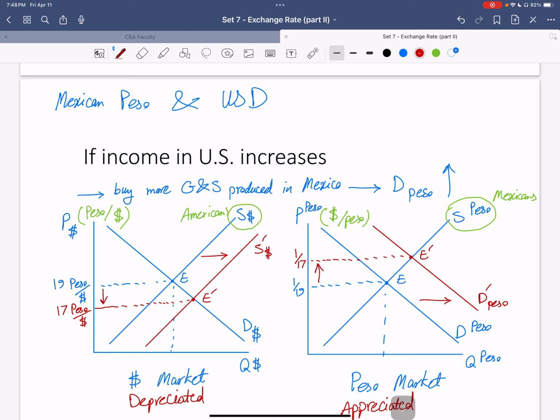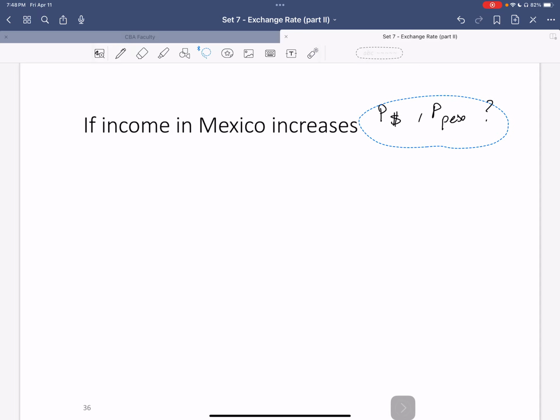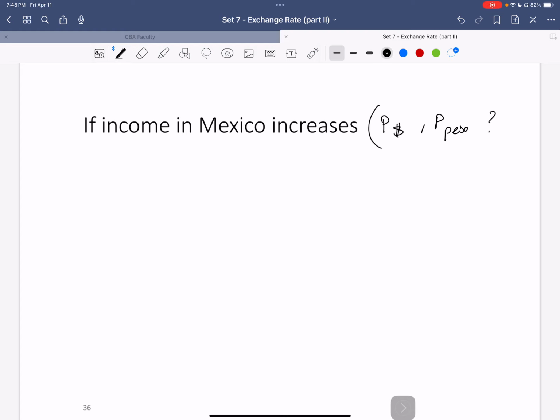Let's look at another example. Let's say this time income in Mexico increases, okay? And we want to see what happens to the price of the dollar and the price of the peso. Are they appreciating or depreciating? We want to just check this. If Mexican people have more income, it could mean that they're gonna travel to the US for vacation.